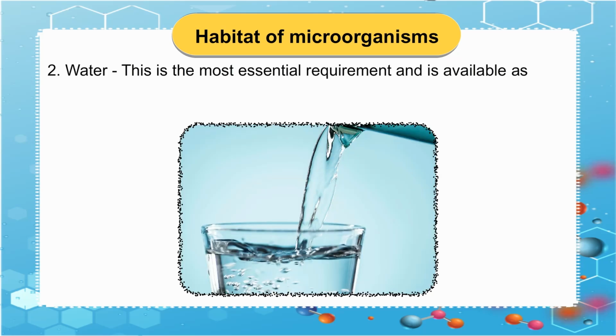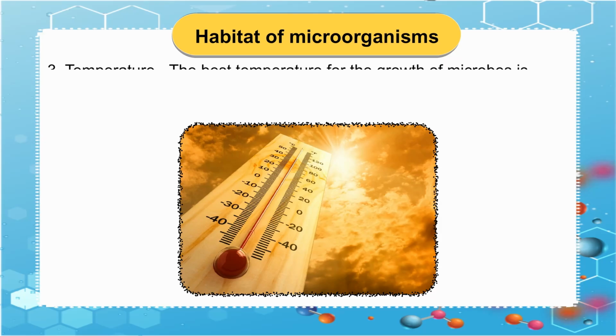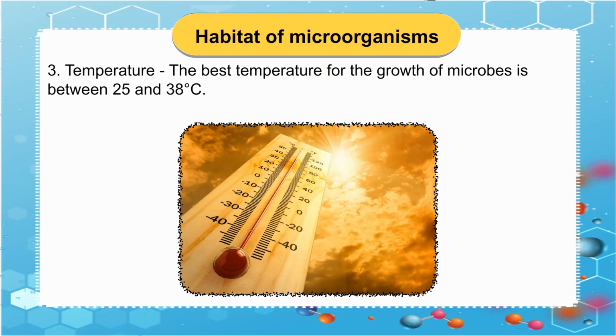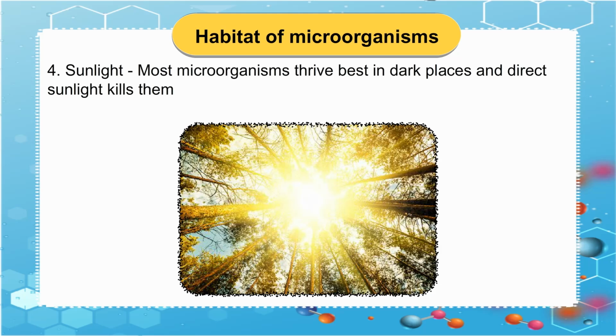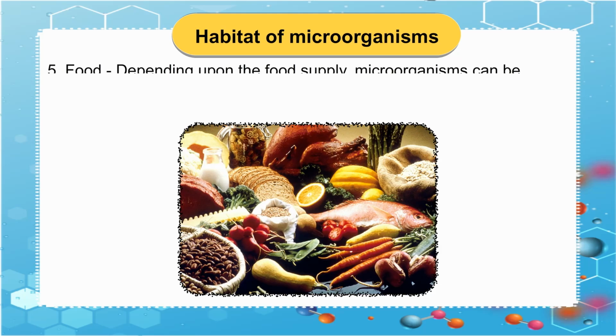2. Water. This is the most essential requirement and is available as moisture. 3. Temperature. The best temperature for the growth of microbes is between 25 and 38 degrees Celsius. 4. Sunlight. Most microorganisms thrive best in dark places and direct sunlight kills them. 5.